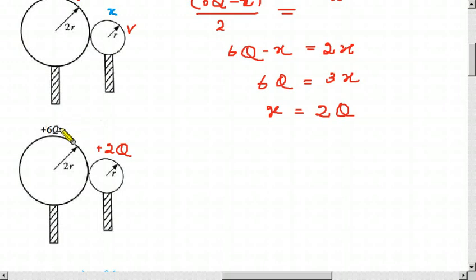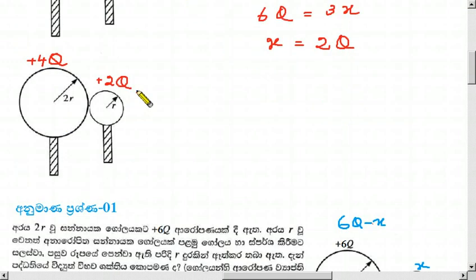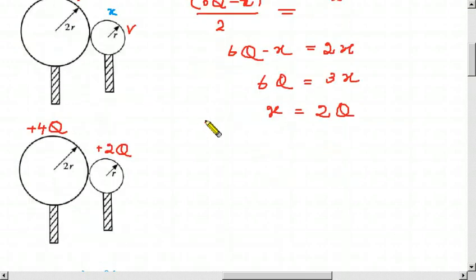What is remaining here? 6q minus 2q, then 4q positive. Then we consider them as point charges, so this distance is 4 times r.